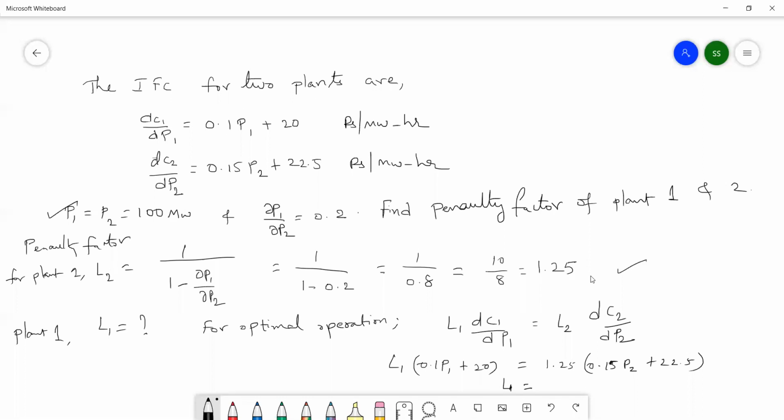Substitute the values of P1 and P2 and you can obtain the penalty factor for plant 1. So calculate and tell me the value of L1.